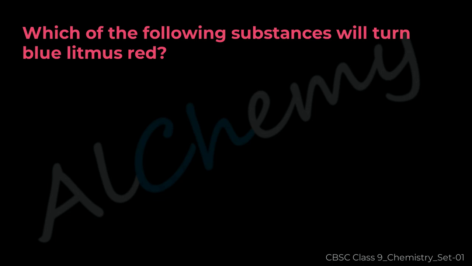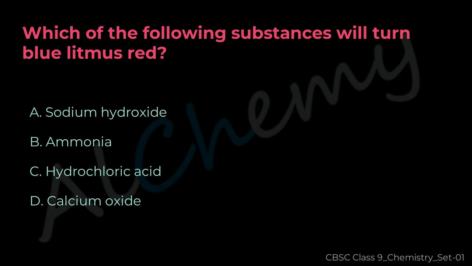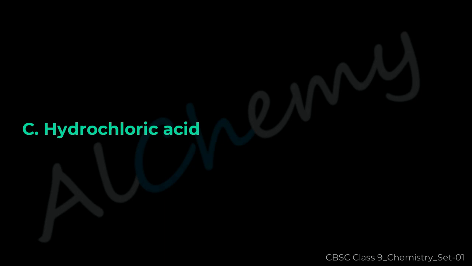7. Question 21. Which of the following substances will turn blue litmus red? A. Sodium hydroxide, B. Ammonia, C. Hydrochloric acid, D. Calcium oxide. The correct answer is C. Hydrochloric acid.